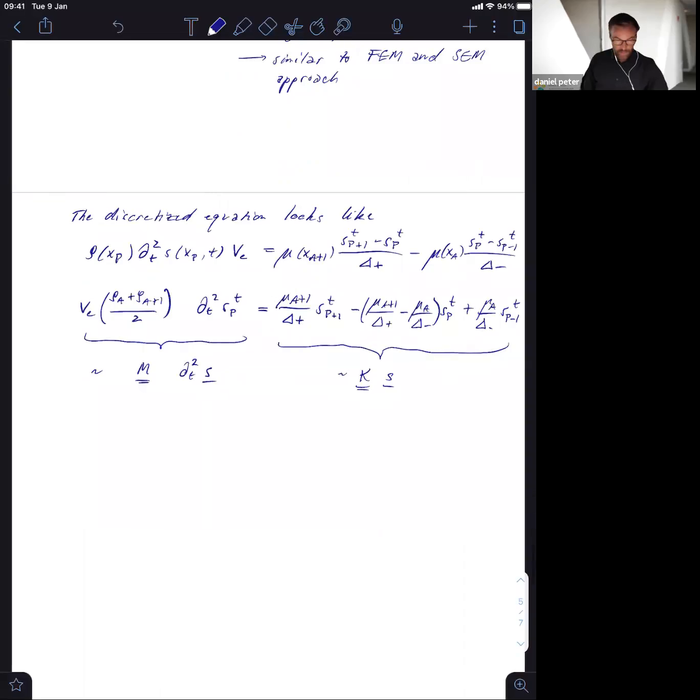Right. So how do we do the time stepping? Let's just use the same Newmark scheme like we had, for example, for the spectral element approach. So using the Newmark scheme for time stepping will look like this, where we have this predictor step of the displacement.